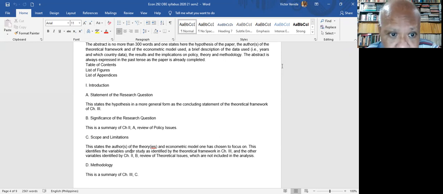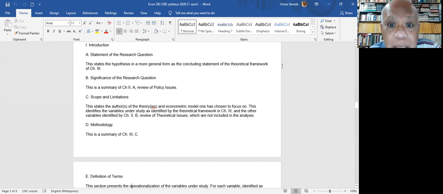It may have been persisting for 50 years, even 100 years, but it still is a real social problem for today. Okay. For scope and limitations here, you just state the author or authors of the theory and the econometric model that you've chosen to focus on.